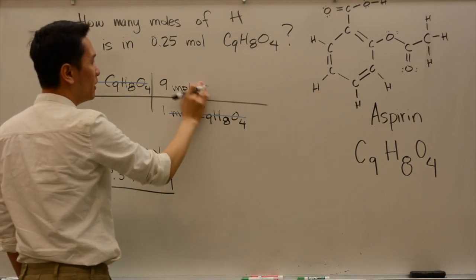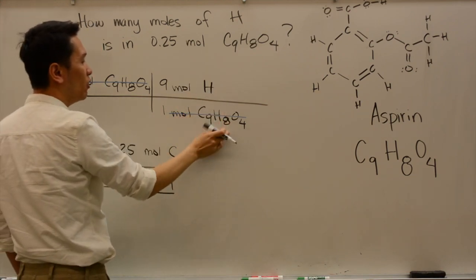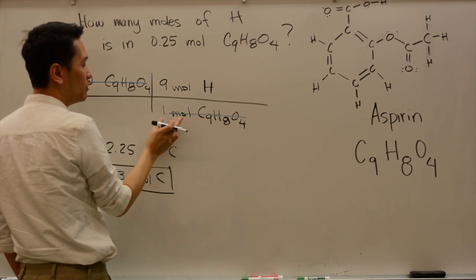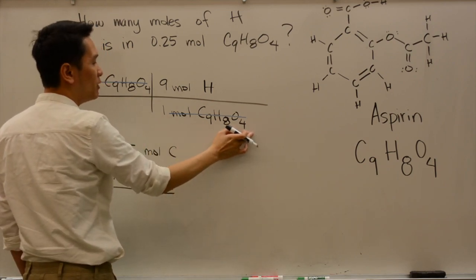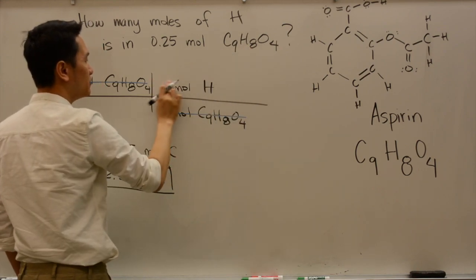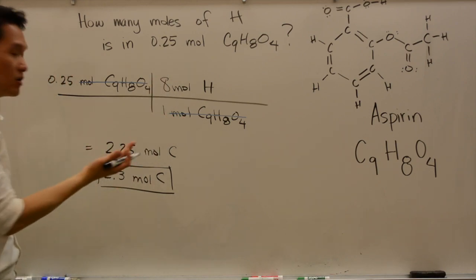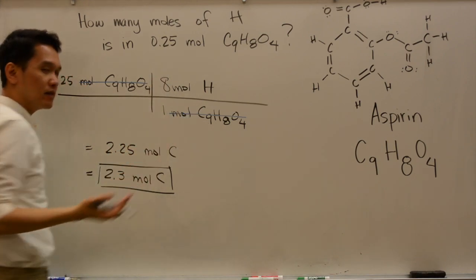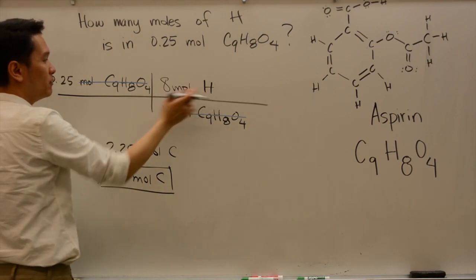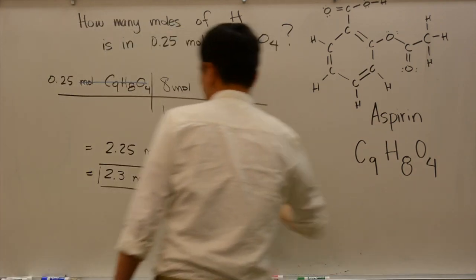Since we're not talking about carbon, we're talking about hydrogen here. What's the relationship between hydrogen and the whole molecule itself? For example, if there's 1 mole of the whole molecule, how many moles of hydrogen do you have? 8, right? So the ratio is 8 to 1. So again, these 2 units still cancel out, giving you moles of hydrogen, so you know that's how you set up the equation properly. Okay?